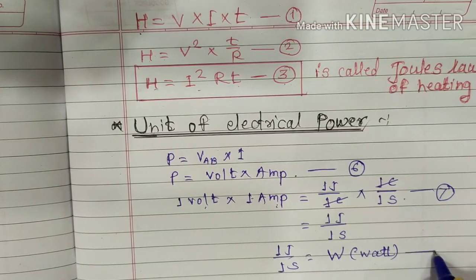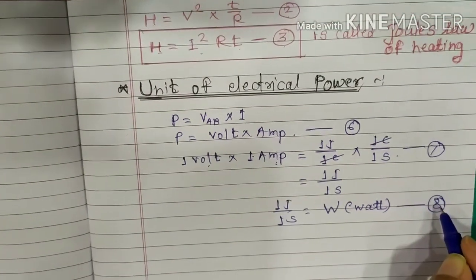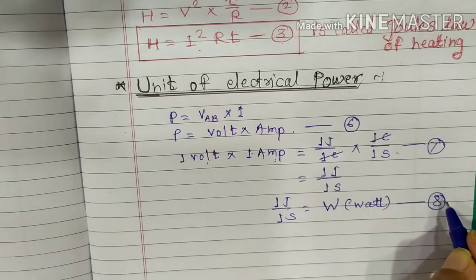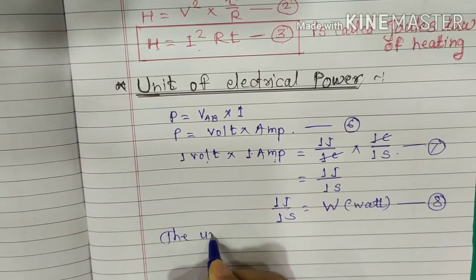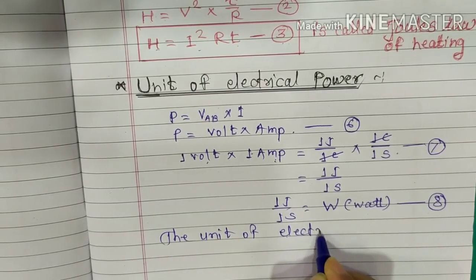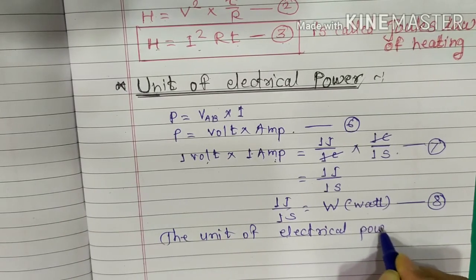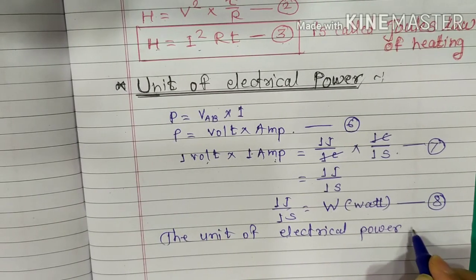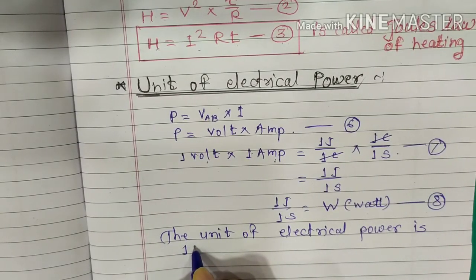And this is equation number 8. Thus we find the unit of electrical power, that is 1 watt.